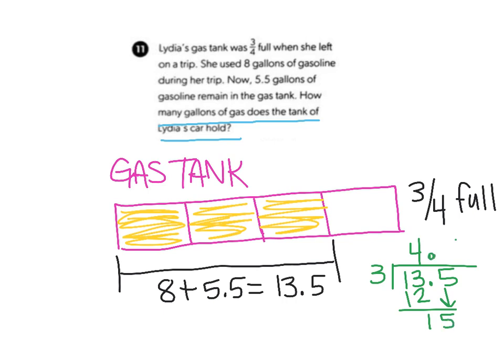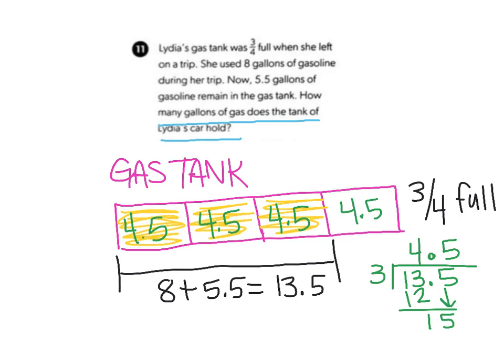Put in my decimal, and that's going to go in evenly. So each one of these is worth 4.5. And since they're equal size pieces, this other section should also be 4.5.